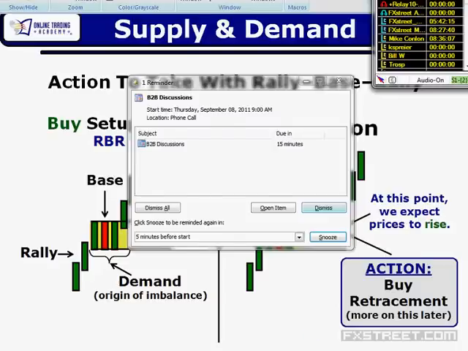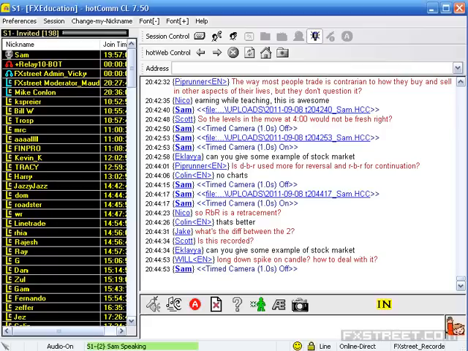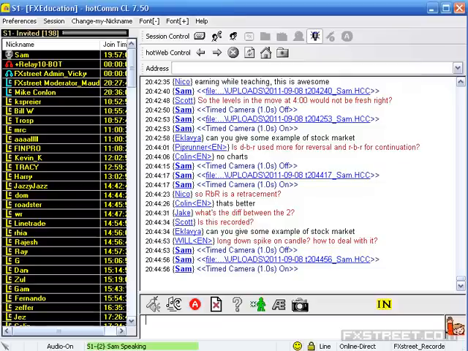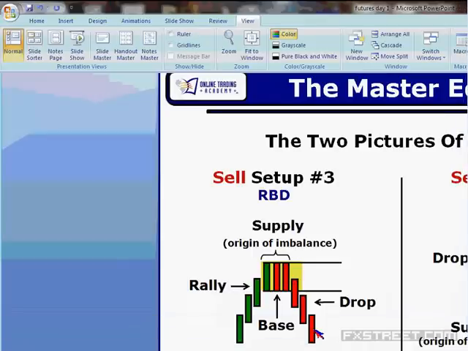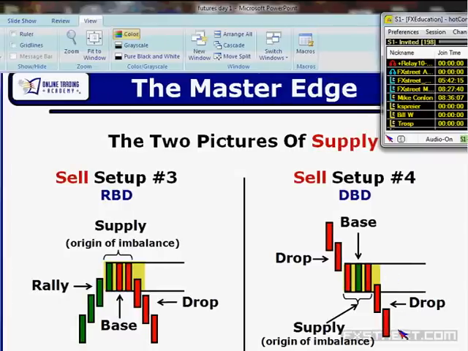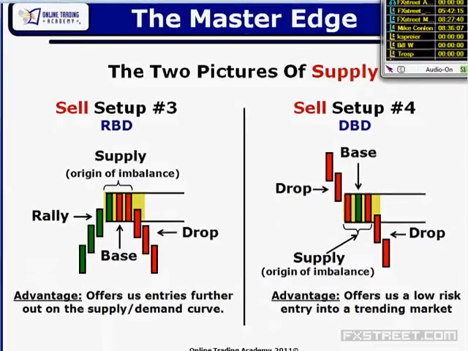Let's real quickly go over this one here. Once you see this picture, there are two pictures of supply: rally-base-drop and drop-base-drop. The advantage of the one on the left is that it's going to offer you entries far out on the supply-demand curve. Remember, when you're entering positions far out on the supply-demand curve, the odds are more stacked in your favor.